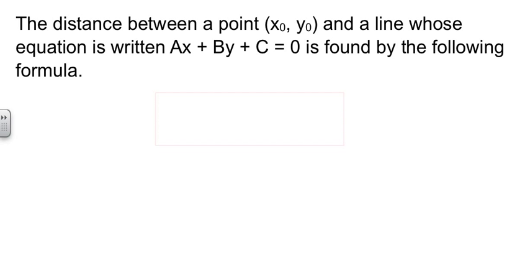Now here is where your book and I have a major issue. They want us to find the distance between some point and some line, and they go through, you can look at what they did in the book if you want to, a lot of heavy algebra.